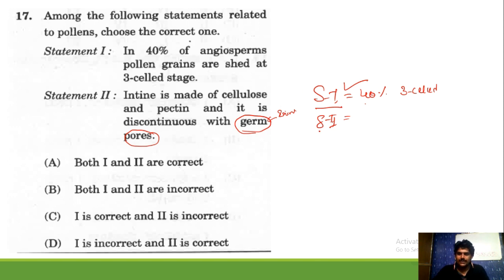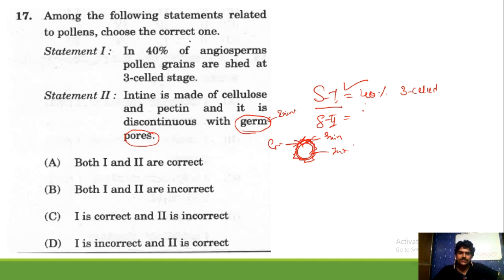If this is a pollen grain, this is the germ pore, this is the exine, and this is the intine. Intine is made up of cellulose and pectin, that is correct, but it is not discontinuous, because the germ pore is present only in the exine.